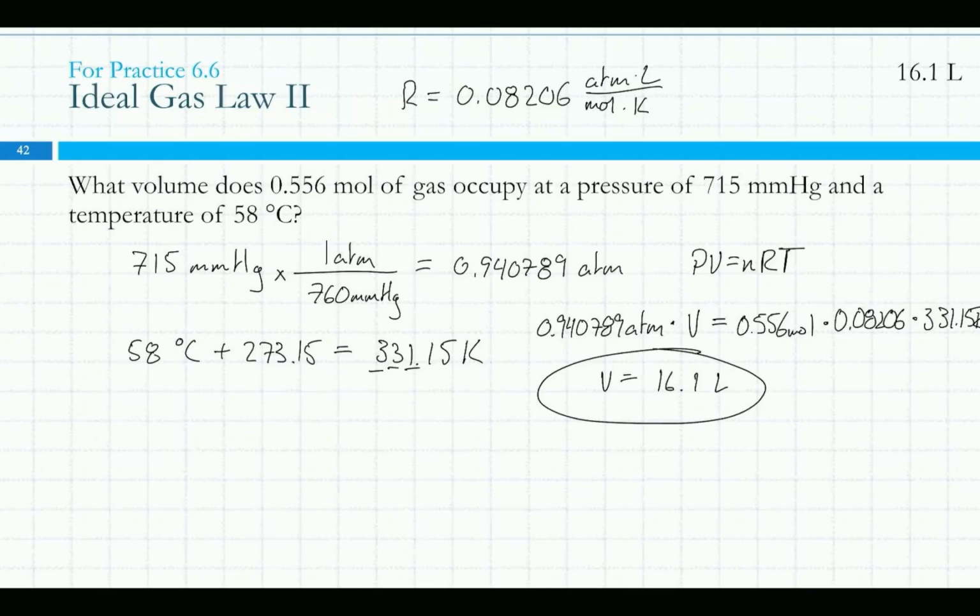So you've got to look at how we convert it. This might be exact, but then it's the number of decimal places when you add. The 331 would just be 3 sig figs, because there are no decimals on 58. We keep the whole thing because we don't want to get rounding error, but no decimal places would just be at the 1.